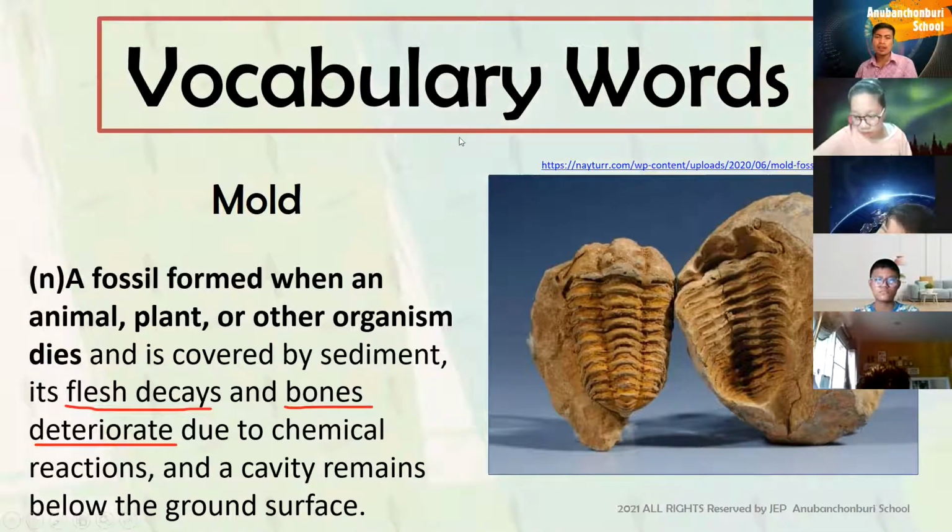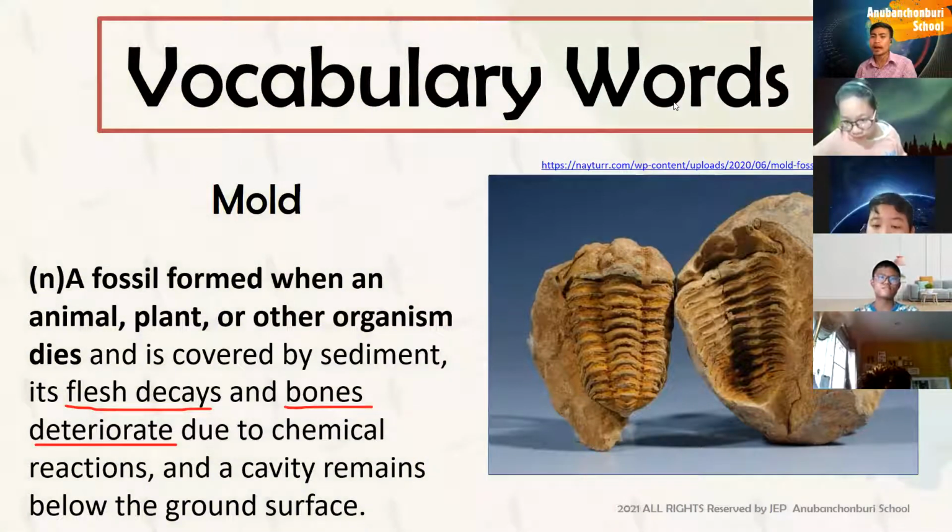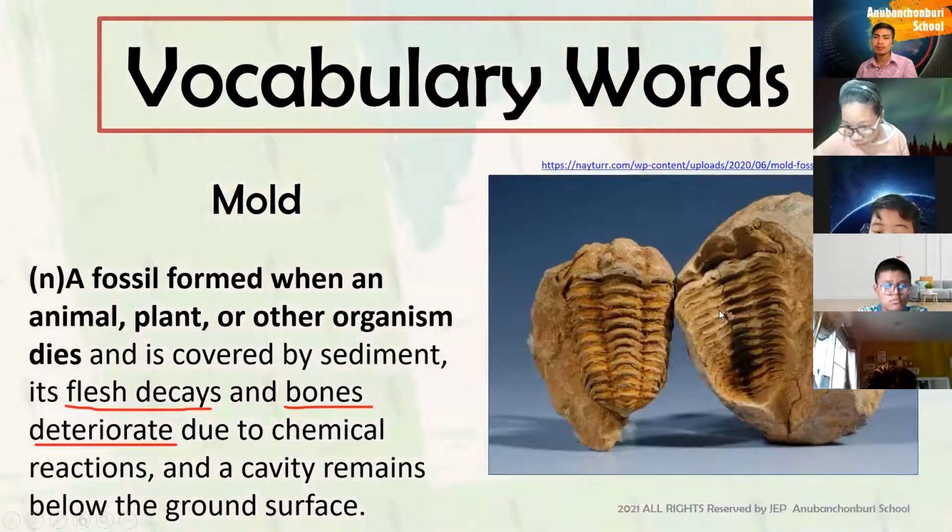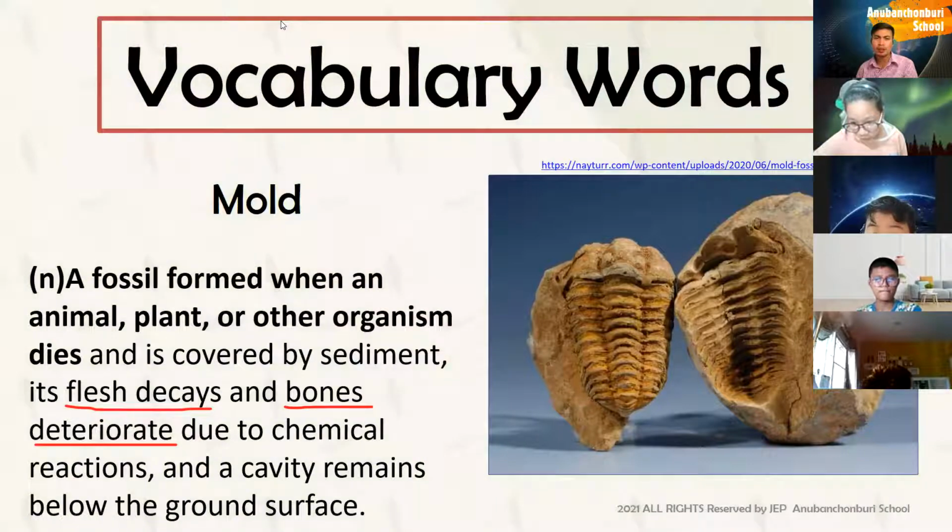It means that the bones or the body of an animal or plant will be gone. You understand, Jirayu? If you look at the picture here, you can see that there is a shape of the animal, right?